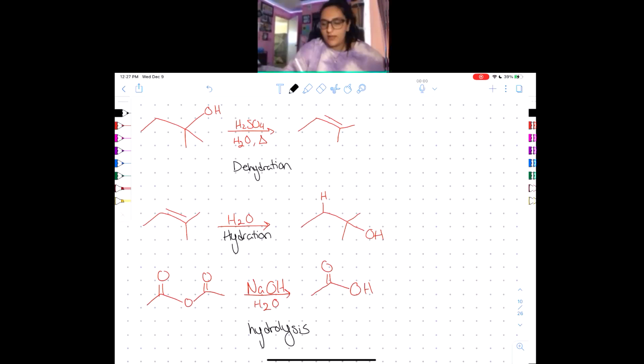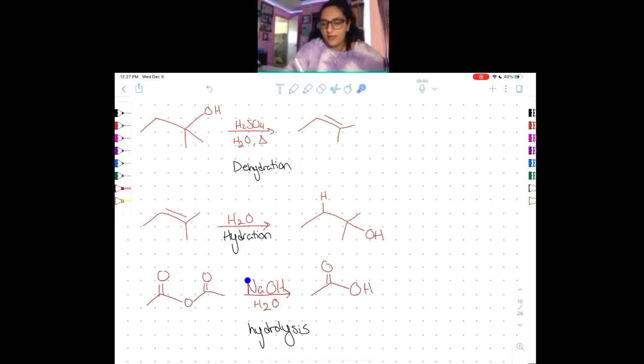So it's mostly about having an idea of what you're starting with and what your reagent is going to do. If you're starting with an alcohol and you have heat and H2SO4, that kind of stuff, you know it's going to be an elimination. If you start with a double bond and you have some kind of H2O or acid, you know you're going to add something back to the double bond, so you're going to do a hydration.